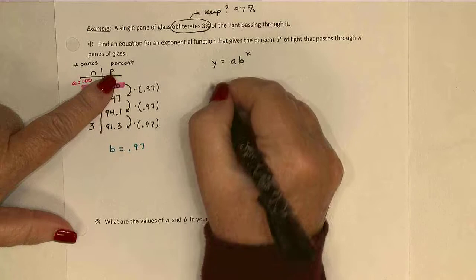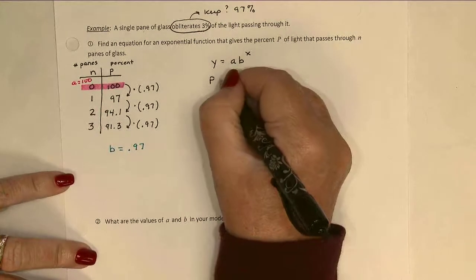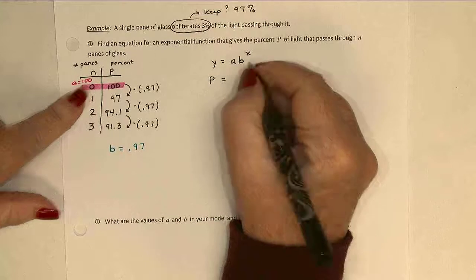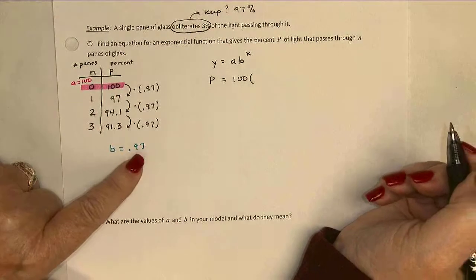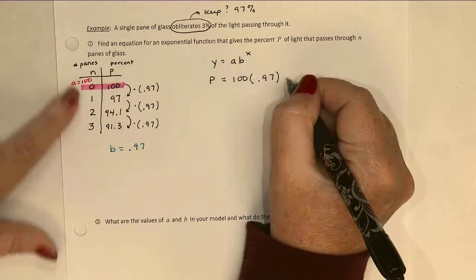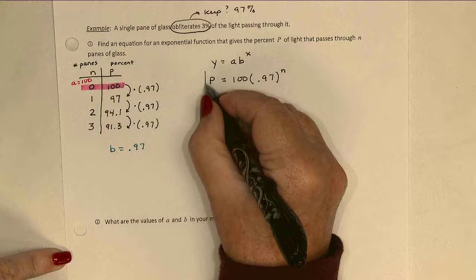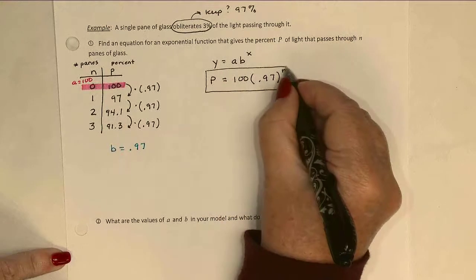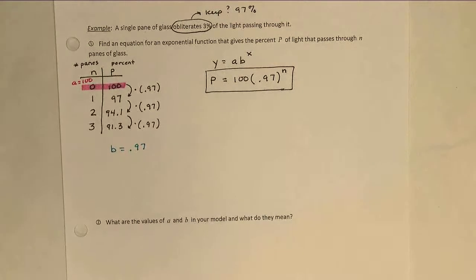The y values are p, the percent of light that gets through, equals our a, which is 100, times the b, 0.97, and the x values are the number of panes, n. And so there's my exponential decay function, base less than 1, that represents this situation.